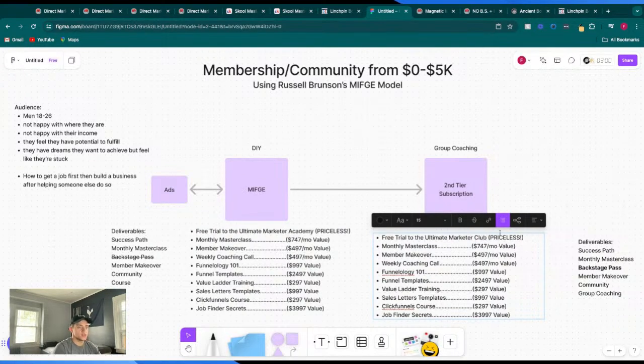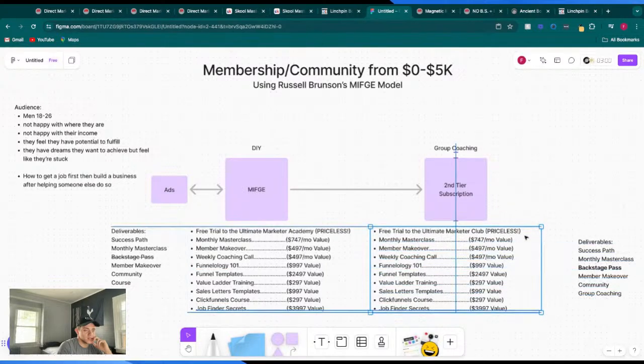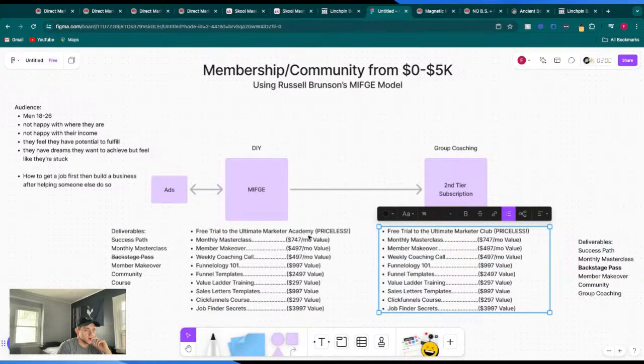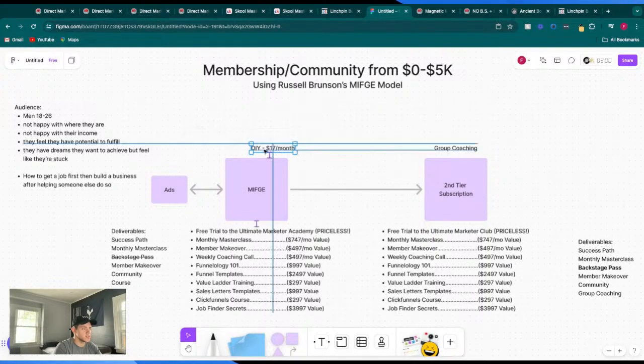Club. So they can upgrade to that. Upgrade to that free trial. This could possibly be pretty cheap at $17 a month. I've even thought about $27, but let's see.